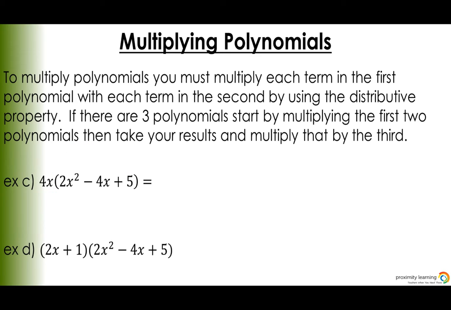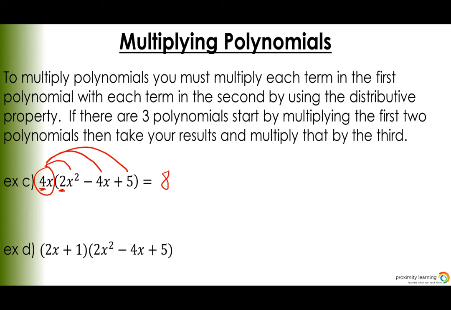So using what we just talked about, we are going to multiply the first term with everything in the second polynomial. Okay. Now, what that consists of is you multiply the coefficients, all right, and then you simply add the exponents together, and that's your answer. All right. So 4x times 2x squared. If you multiply 4 and 2, that will give you 8.